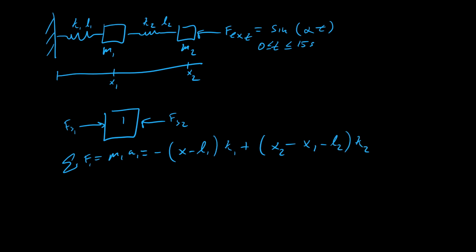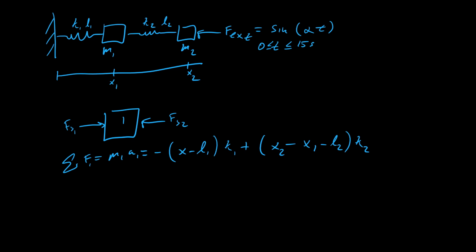So essentially all we're saying here is that the distance from the natural length times the spring constant, negated due to the spring, and then the difference between x2 and x1 minus the natural length of that spring, it would have been negative because it's pointing to the left, but negated, it's now positive, times the spring constant.